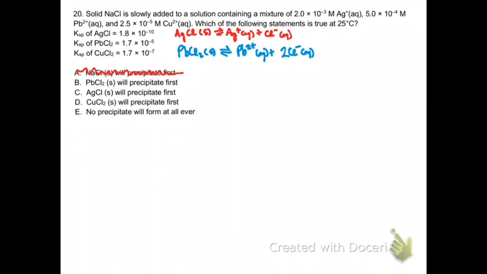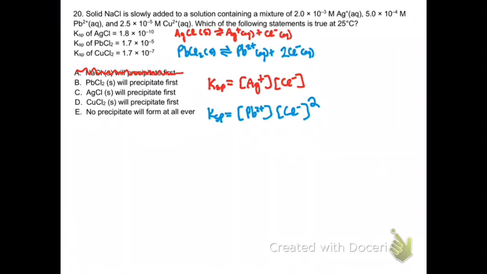And what I mean by that is if we write out the equilibrium expressions for each of these. So for the KSP of AgCl, our equilibrium expression is going to be Ag plus times Cl minus, right? For our PbCl2, our KSP is going to be equal to Pb2 plus times Cl minus squared.